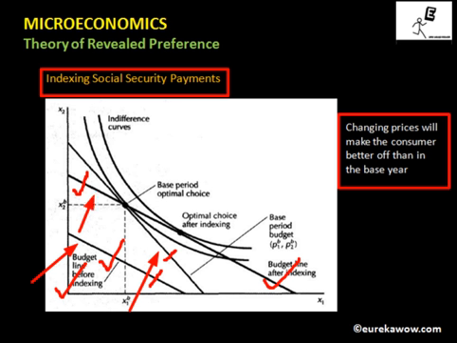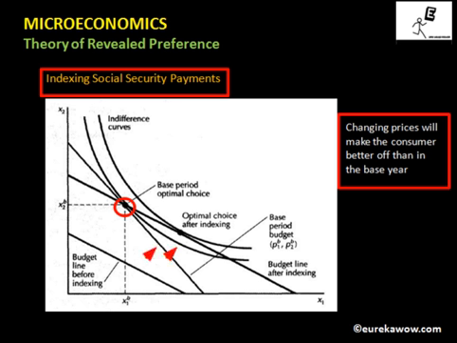So we see that the initial bundle that was chosen was this, which was the point of tangency of the initial budget constraint and the indifference curves. So let me clear these for better clarification. So this was the initial bundle chosen, and it is the point of tangency of the initial budget constraint and the indifference curve.